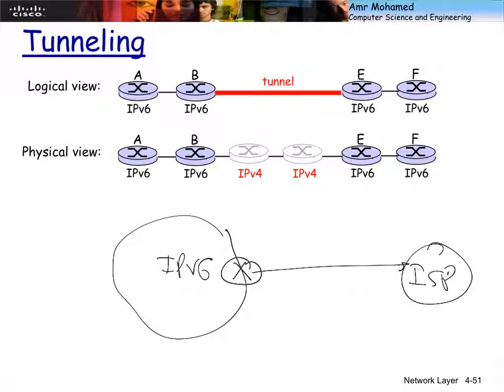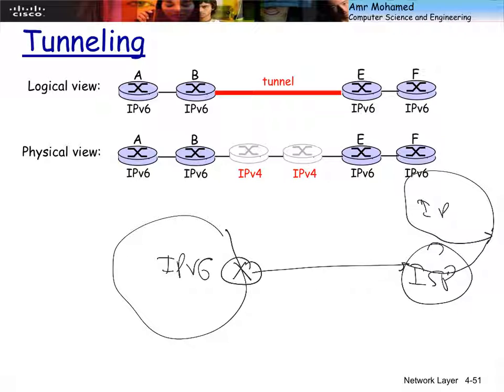And then the packet will go through that tunnel, which will make it IP version 4 now. And then it can be carried through the ISP. The ISP will carry it as an IP version 4 packet. Okay? So it will be able to flow through until it reaches the final destination.